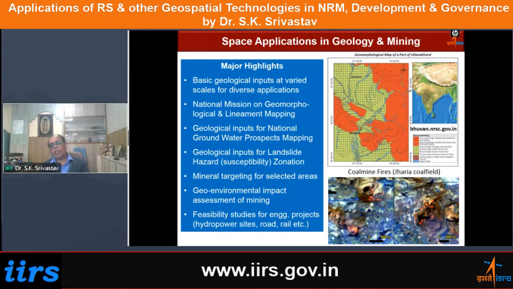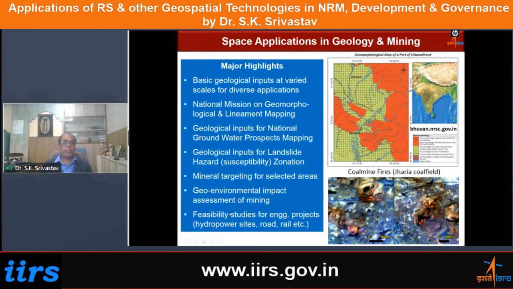Any mining activity lying outside the leasehold boundaries, you can demarcate and delineate, and that could become a potential site where illegal mining is going on. Then you can visit it on the ground for confirming. Monitoring illegal mines is an important activity which has emerged in the last few years with the availability of satellite images, and that is currently going on.